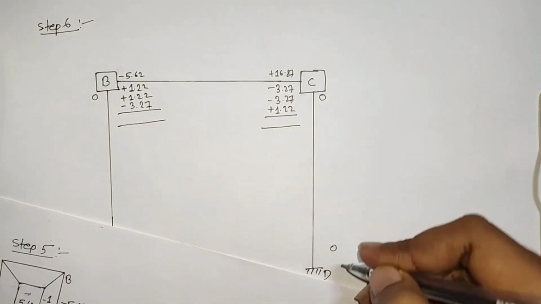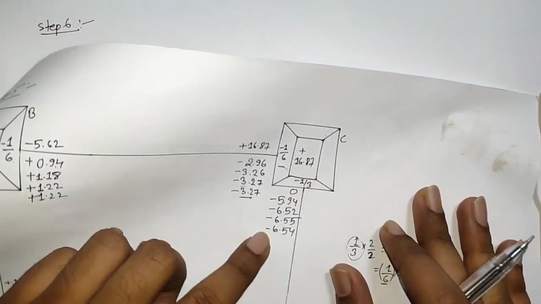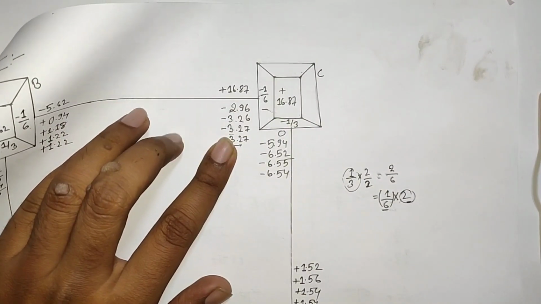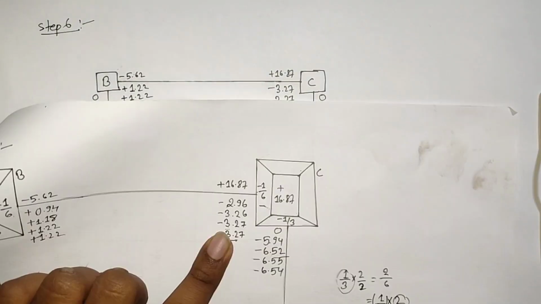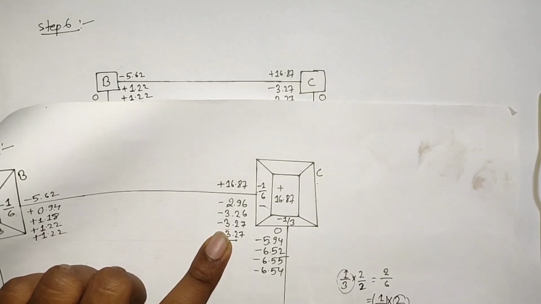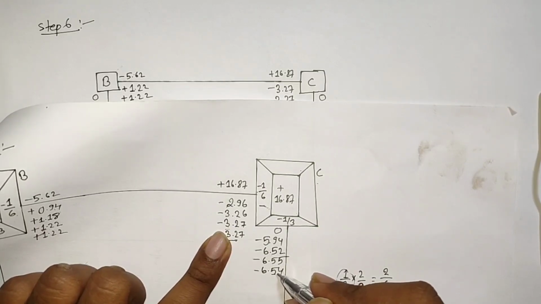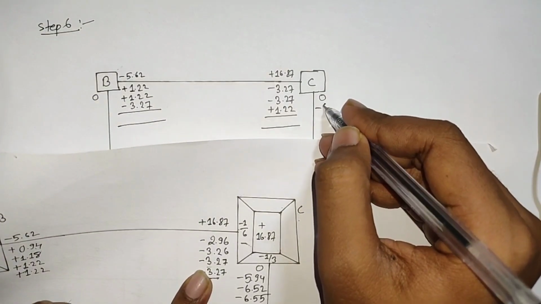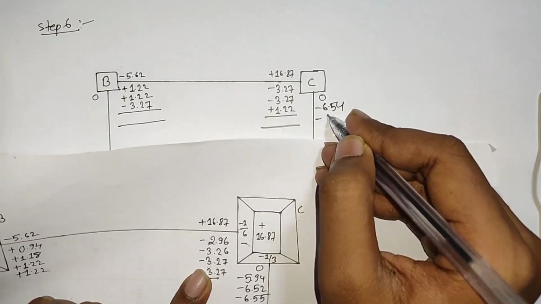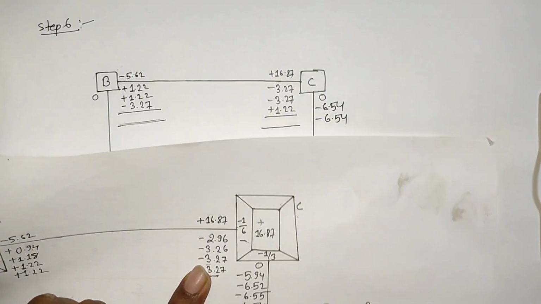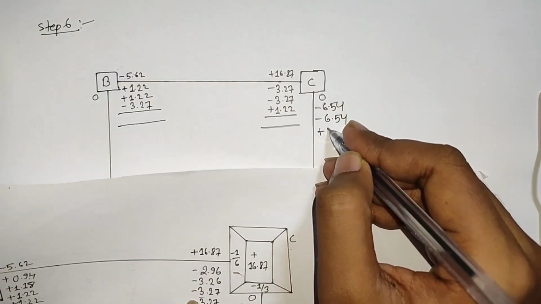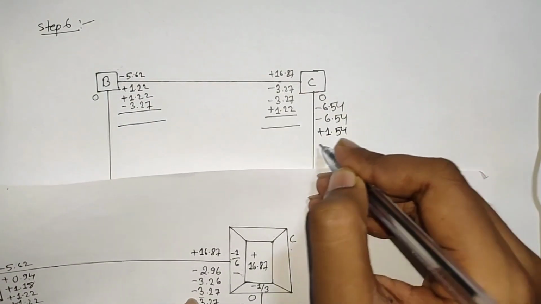Now the fixed end moment at point C in span CD is 0, and the fixed end moment at point D in span CD is 0, and we have calculated the distribution moment by using the distribution factor as 1.54. The distribution factor for span CD at C is minus 6.54. So the moment at the near end will be minus 6.54, which we need to take twice, so minus 6.54 minus 6.54, and the moment at the farther end once, so positive 1.54.